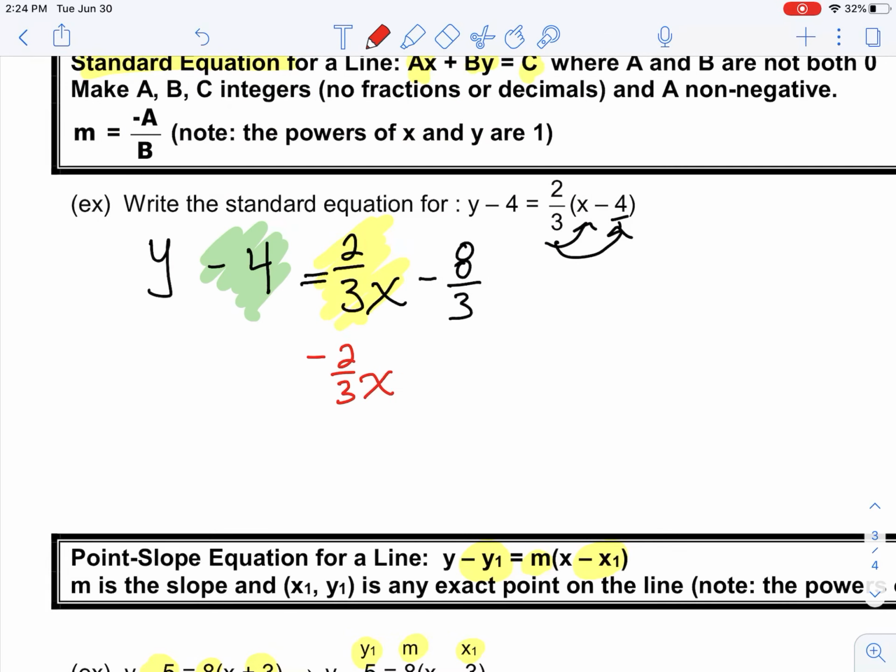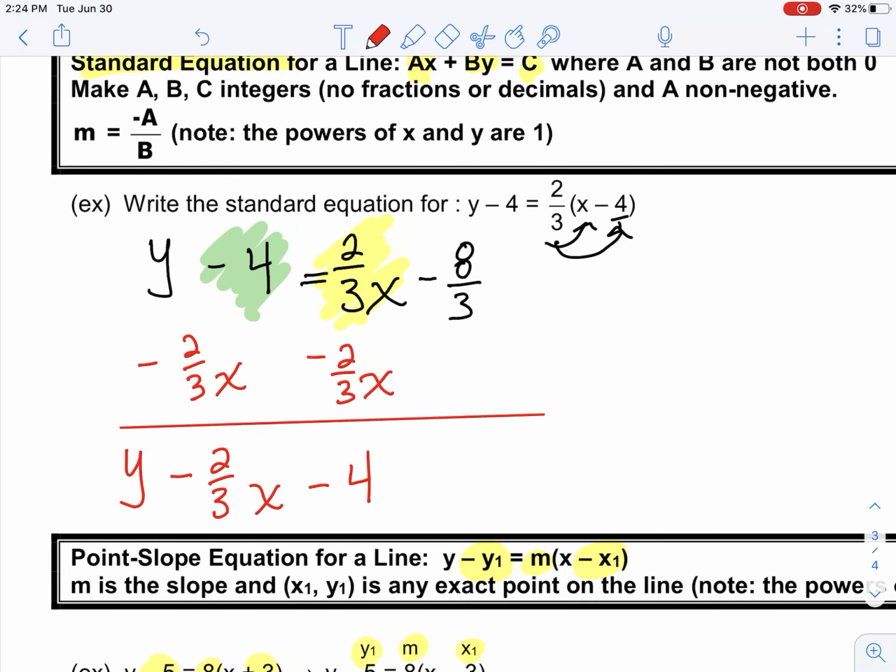So I'm going to go minus 2/3 x, minus 2/3 x. So we bring down the y. We're going to bring down the y. The minus 2/3 x, the negative 4, which equals negative 8 over, excuse me, 3.